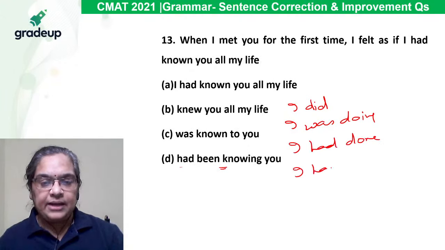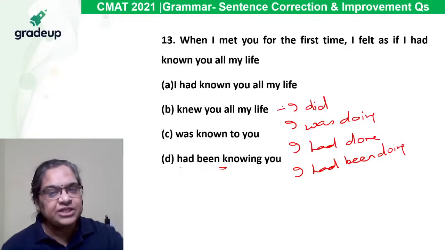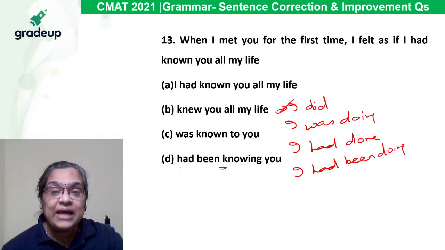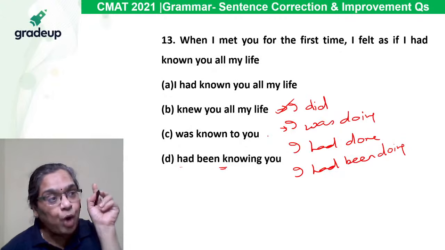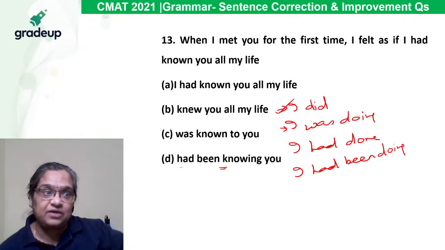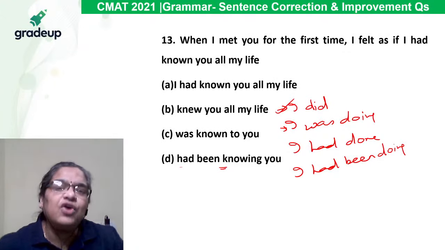And I had been doing. Any action which happened in the past, if it's only one action, this. Any action which happened at a particular point in the past, and you're talking of that point when the action was going on. So at 7:40 yesterday, what were you all doing?